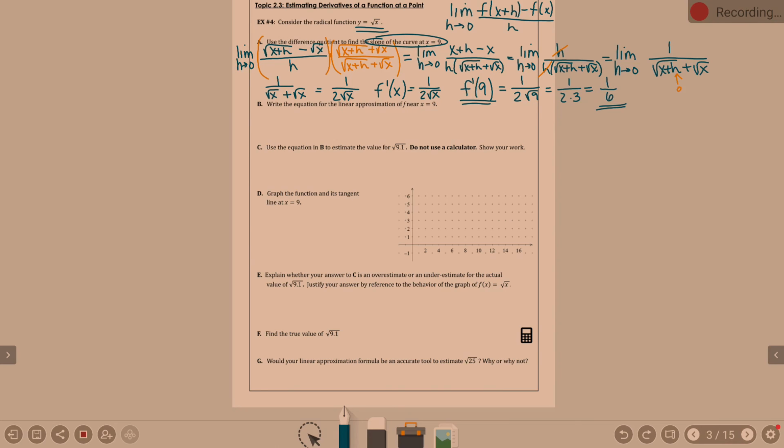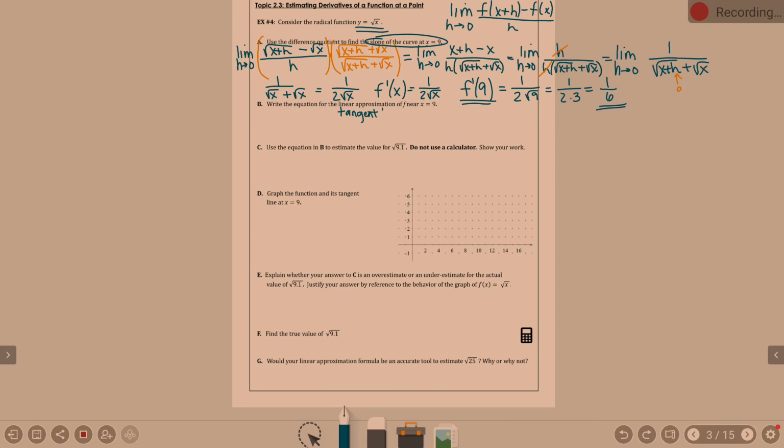Okay, B. Write the equation for the linear approximation of f near x equals 9. Well, what do we need to write? An equation for linear approximation. What am I asking you to write? Equation of the line, right? Equation of the tangent line. It says equation for linear approximation, which is their fancy way of saying equation of the tangent line.